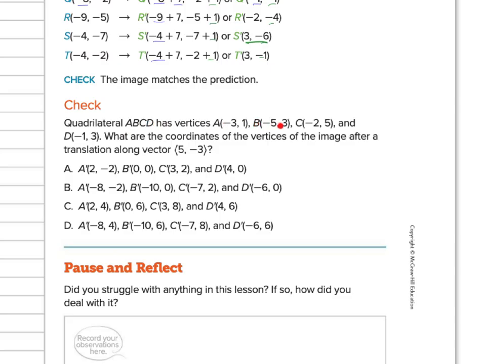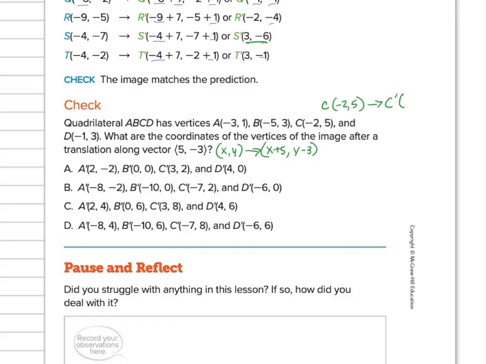ABCD has these vertices, and then what are the coordinates of the vertices of the image after the translation vector 5, -3? That is easy enough. We just take any one of these points, and I'm going to pick C. C is -2, 5, and it is mapping to C prime, and remember this is read and mapped as x maps to x plus 5, y minus 3.